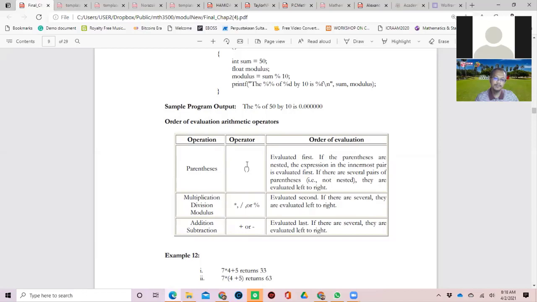The parenthesis is the highest priority, meaning we need to do the expression inside the parenthesis first. And then after that, the second level is these operators: star or multiplication, division, or modulus. This is the same level of priority, three operators.